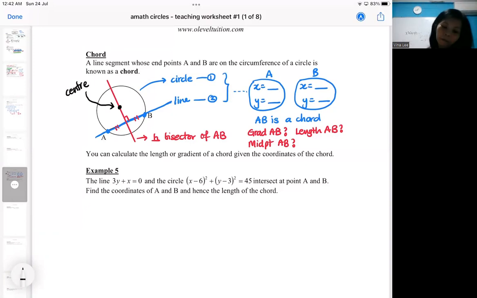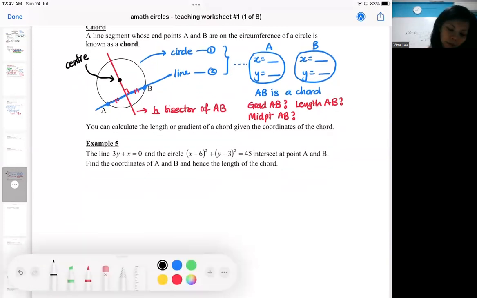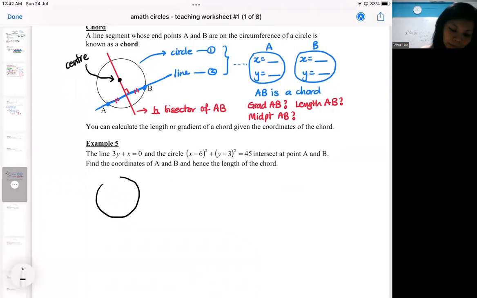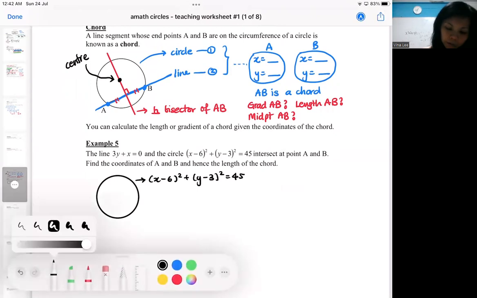So in example 5, you are getting something like this. Same idea, which I would like you to try. So this will be the circle. And then there's an equation here.